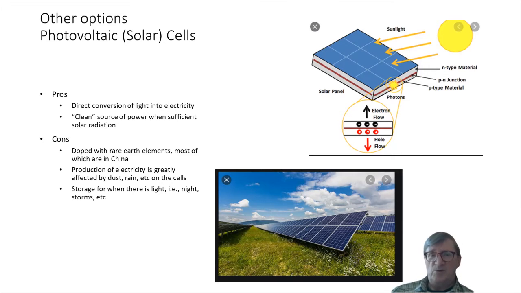It's doped with rare earth elements, most of which are found in China, maybe 85%. Its production of electricity is greatly affected by dust, rain, pretty much anything on the cells that will start scattering the light. And the place where they like to put them is where it's hot, dry, and dusty. So they have to go to great lengths to keep the things clean.